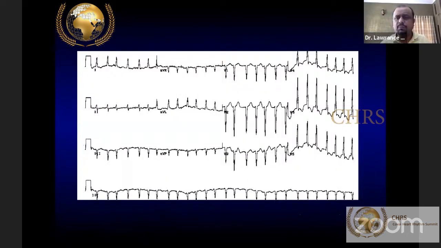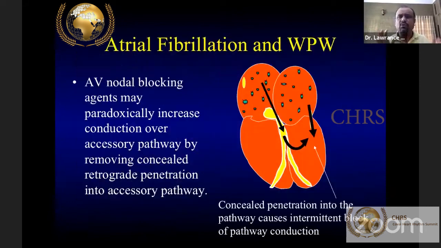That's a very important thing to know, because whenever you have a wide QRS tachycardia which is irregular in a patient with WPW syndrome, you are talking about atrial fibrillation which is going through the pathway. This is very important because if you give any drug which is going to block the AV node, it will increase the conduction across the accessory pathway, and the patient can end up in ventricular fibrillation.